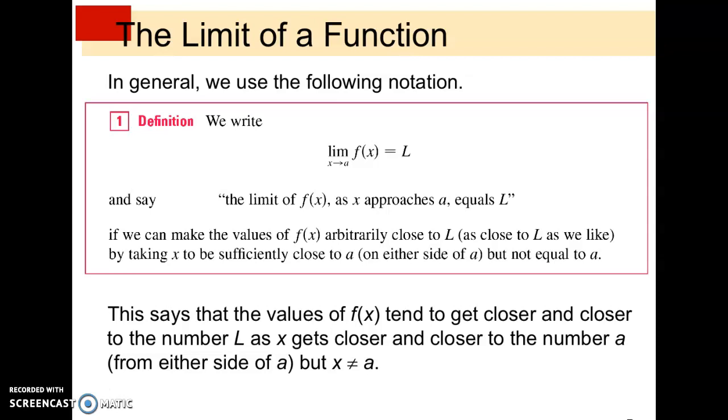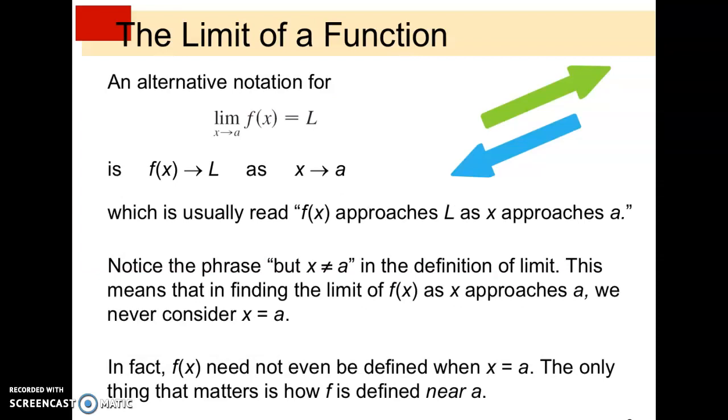This says that the values of the function tend to get closer and closer to the number L, in this case 4, as x gets closer and closer to the input value a, in our case 2, from either side, but not equal to that value.